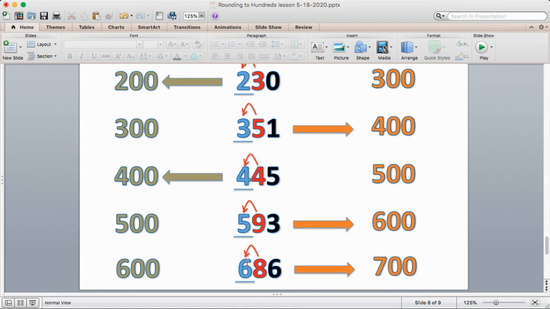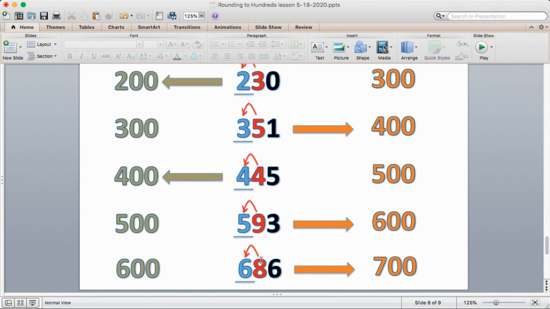The next number is 686, I'm sorry, 686. The first 6 doesn't matter. We're not talking about that 6. We are only talking about the 10 spot. The 10 spot is talking to the 100 spot. 8 is telling 6 what to do. If 8 is higher than 5, then it's telling 6 to move forward into the higher number.